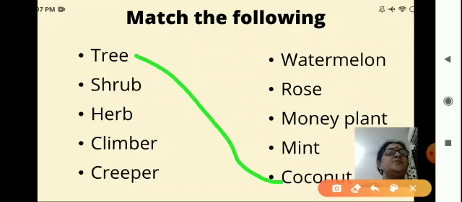Okay, children. Now the second one, shrub. Shrubs have hard woody stems. So which one here? Watermelon? No. Rose? Yes.